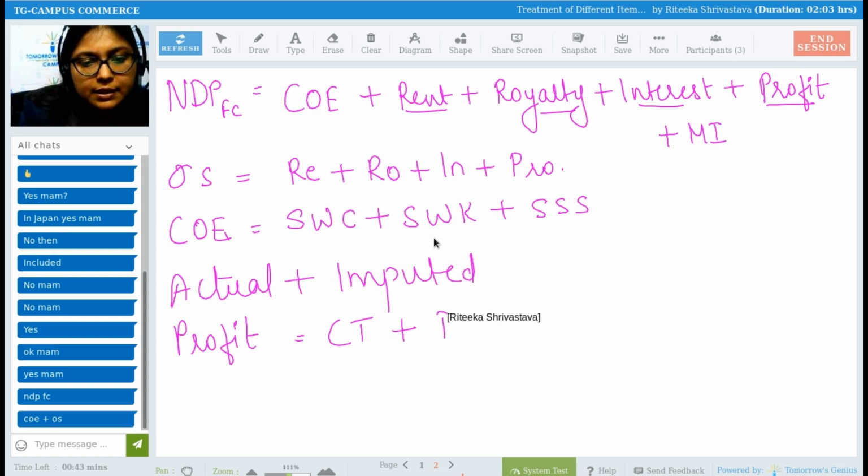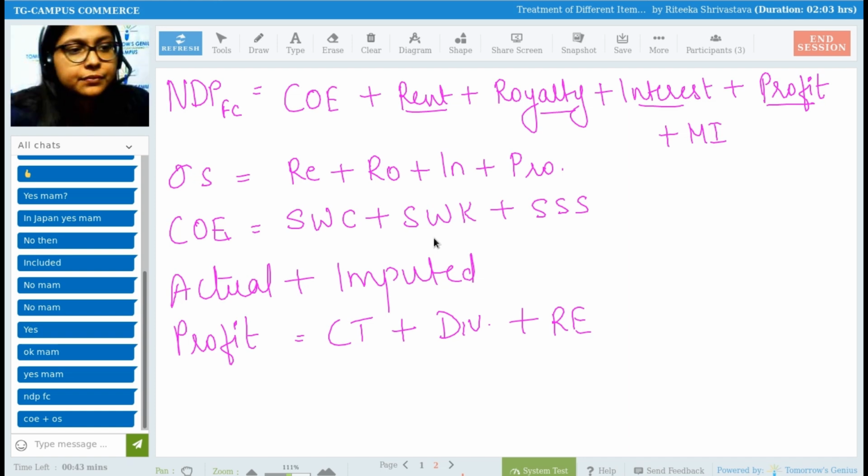Corporate tax plus dividend plus retained earnings. Right? Anything else I'm missing out? Only this much is there under income method? Fine.